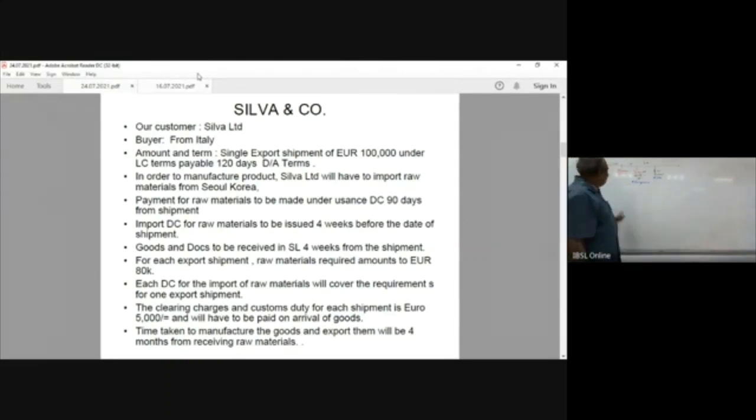For each export shipment, Euro 80,000. Then, right, with another clearing charges, right?